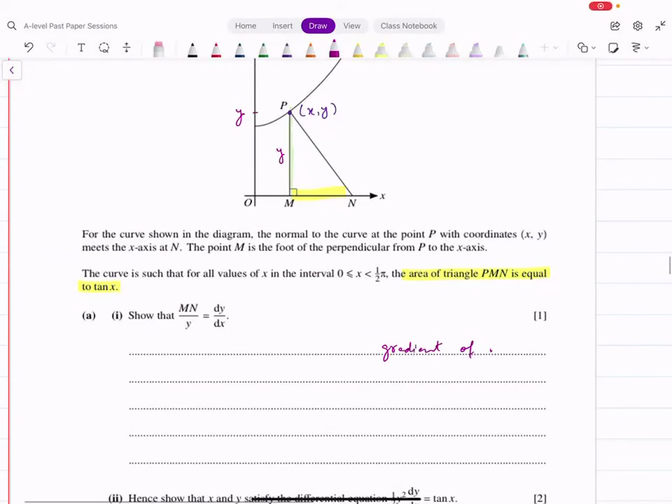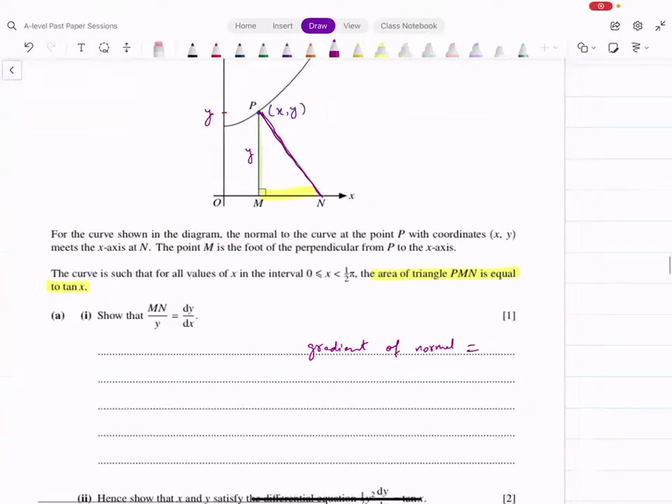Gradient of the normal. What is that going to be? We're talking about PN, the gradient of PN. What is gradient?